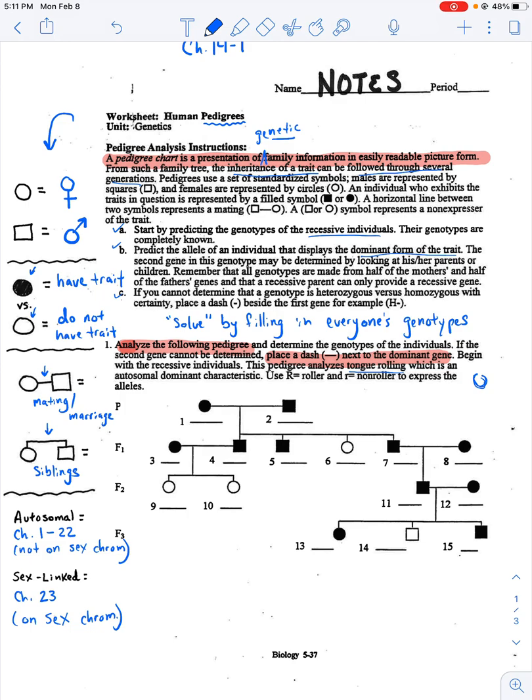That's tongue rolling. And it is autosomal dominant. So they tell you what the trait is in the prompt. They say big R is someone who can roll their tongue and little r is someone who cannot roll their tongue. Also, again, remember, if they're shaded in, they have the trait. If they're not shaded in, they don't have the trait.